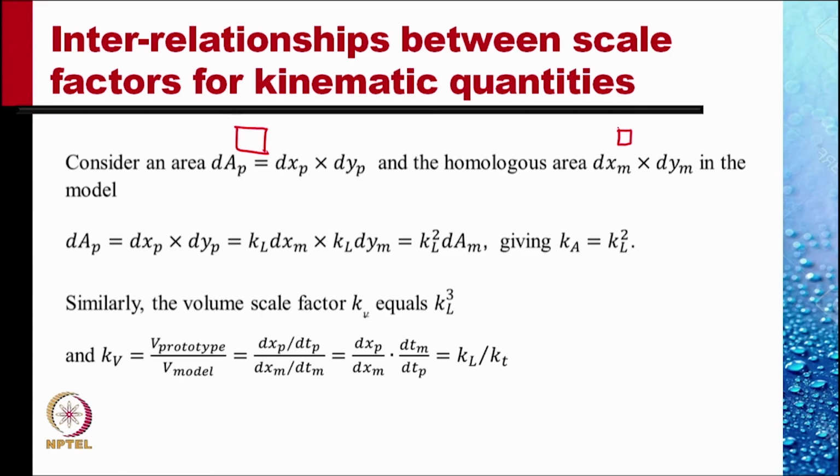So the velocity scale factor is the length scale factor KL divided by the time scale factor KT. Again, the dimension of velocity is length into t to the power minus 1. So the scale factor of velocity is KL divided by KT.